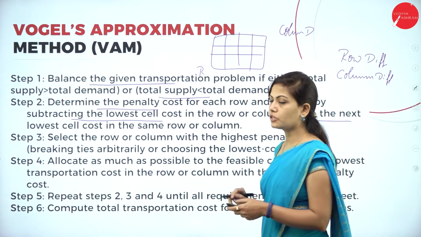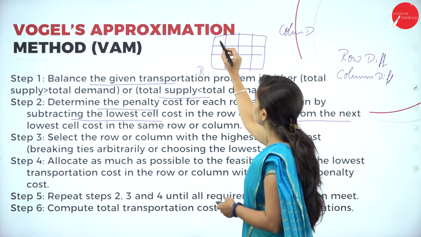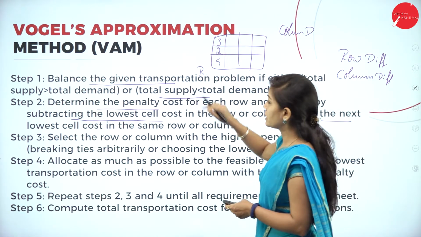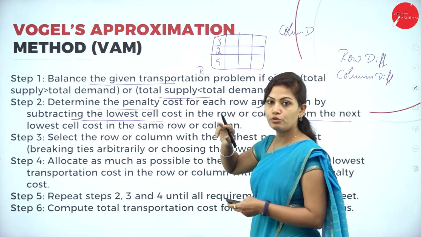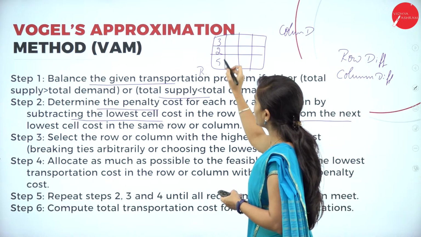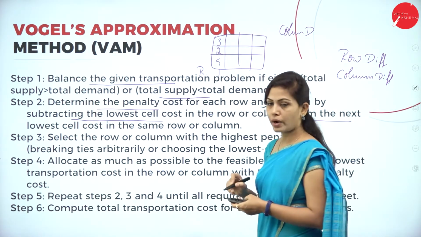Say we have 3, 2 and 5. We have to select the two least values, the first least value and the second least value. Then we subtract them. So 3 and 2, the difference is 1.